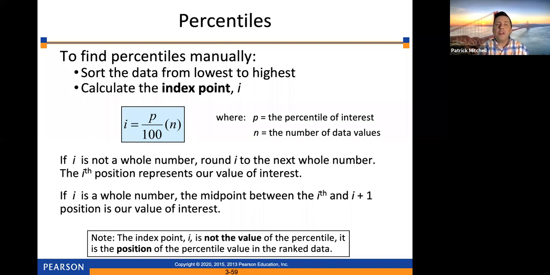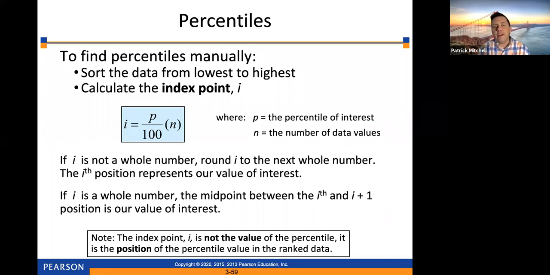The way that you calculate that index point is to take p% of n, where n is the number of data values. Notice that this index point is not the value of the percentile, all right? The index point tells you where to look for the percentile.